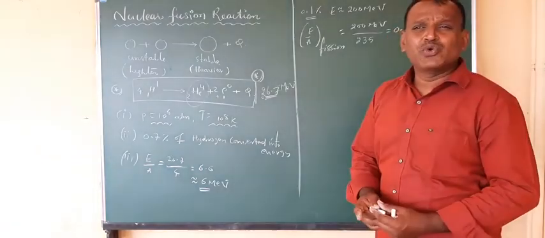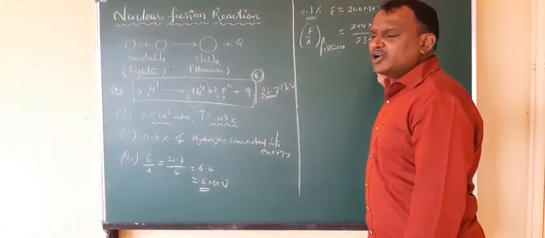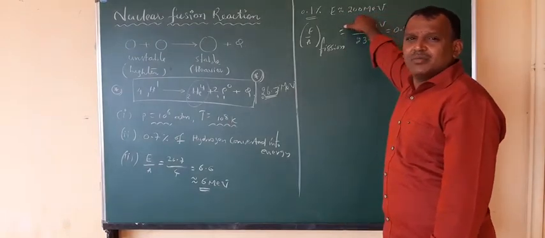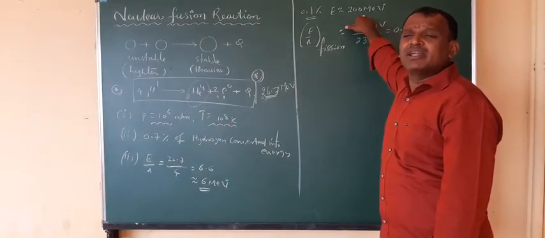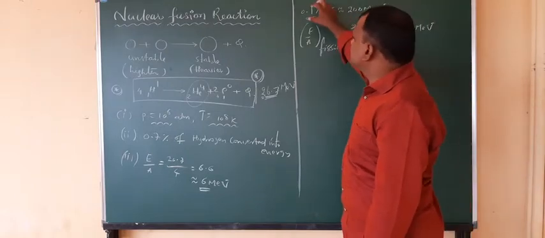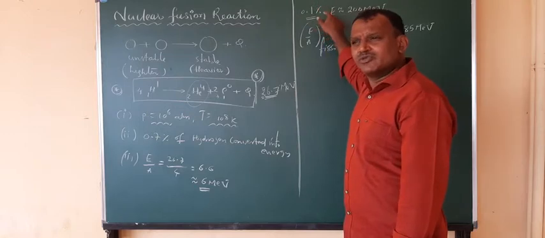So the energy per nucleon in fission is very small. Don't think that this energy is large. The energy per nucleon is very small, and the mass percentage of uranium converted into energy is also very small.